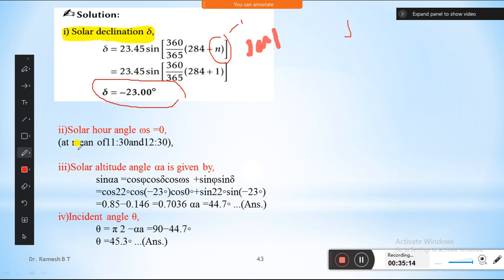Next, you have to find out the solar hour angle. For that particular time, the solar hour angle Ws is 0. We already discussed these things in the second module.